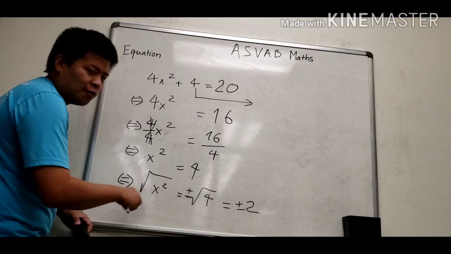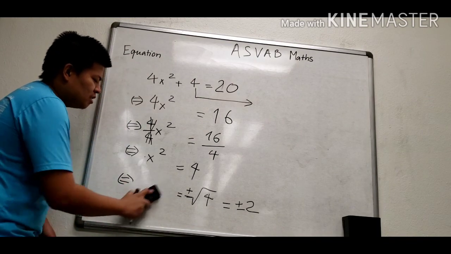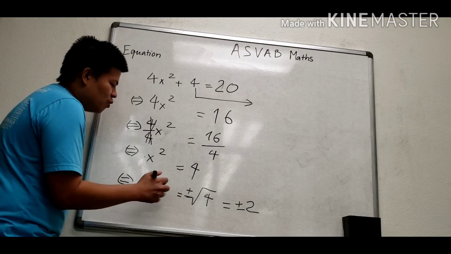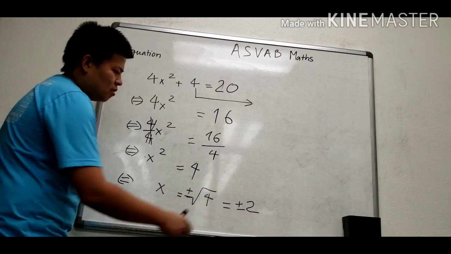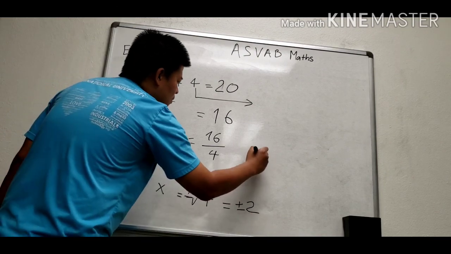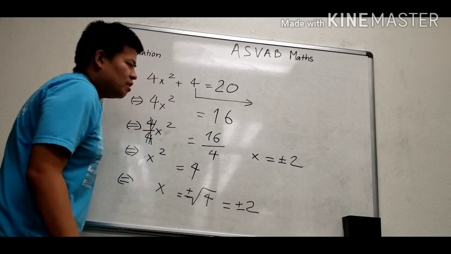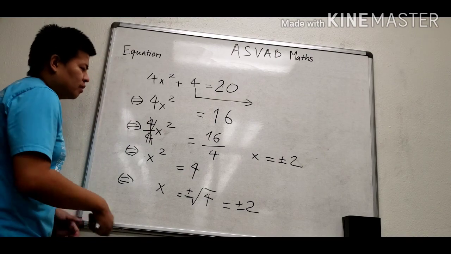And this one then will become s, because the square root eliminates the power 2, so that we have s. So we have s equal to positive and negative 2.